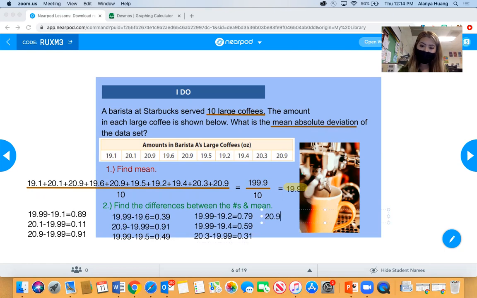Finally, we have 20.9 minus 19.99, and that is equal to 0.91. So I'm going to highlight all those differences because we're going to need those numbers to do our last step.